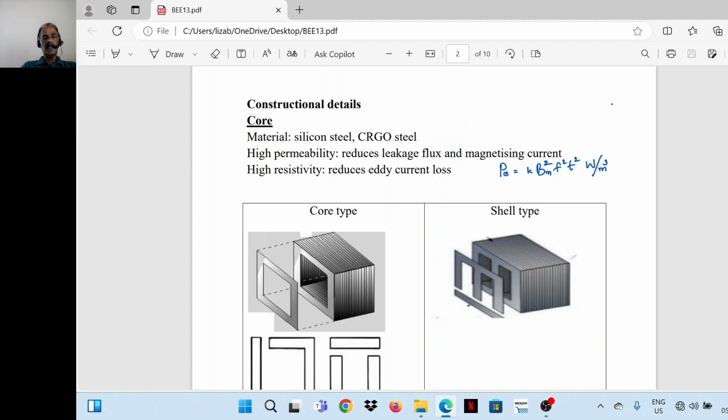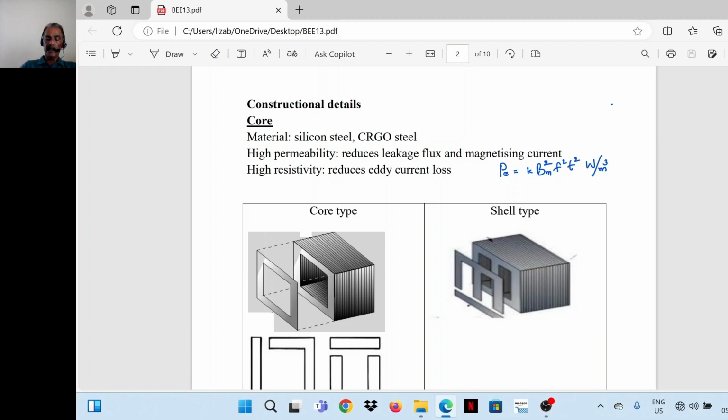Then the next advantage of this core material is high resistivity. If the resistivity of the core material is high, then resistance of the lamination will be higher and magnitude of eddy current will be less, so eddy current loss will be less.